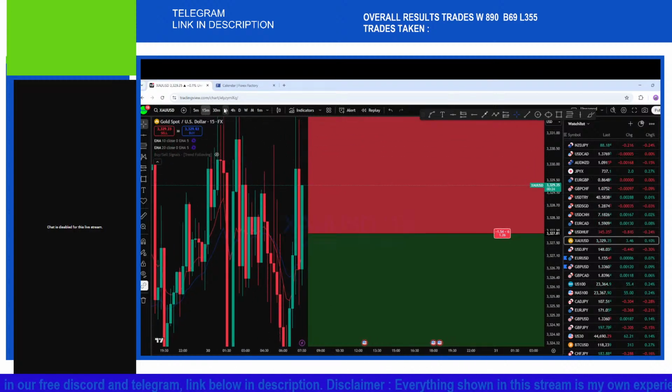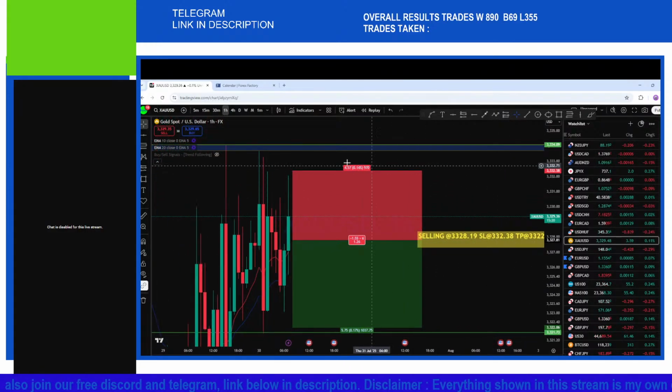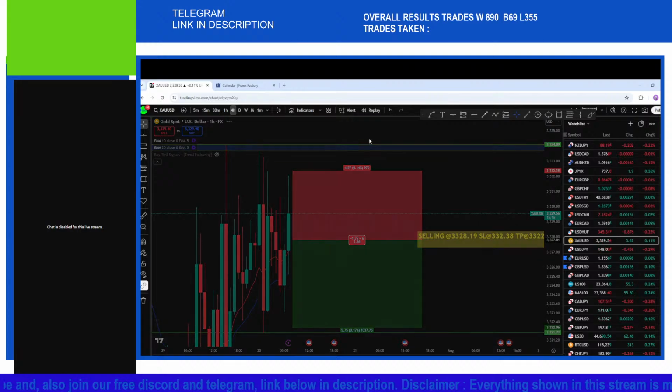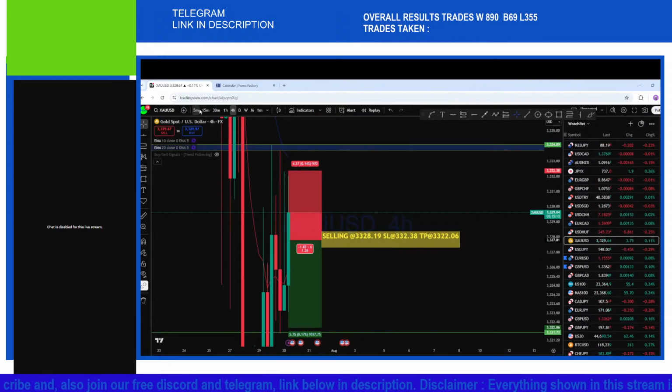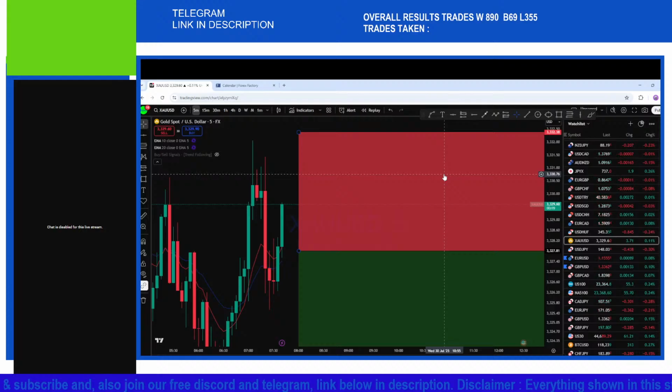Here is the market trying to move in that area, and if we look at here, you can see that it's trying to push back again from the 4 hour here and from the 5 minutes, expecting it to reject back again in the direction of the trend.